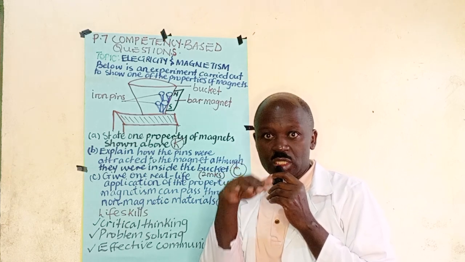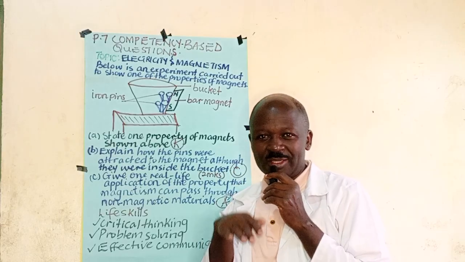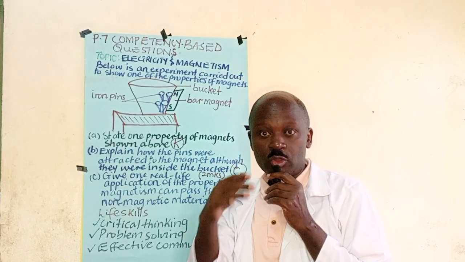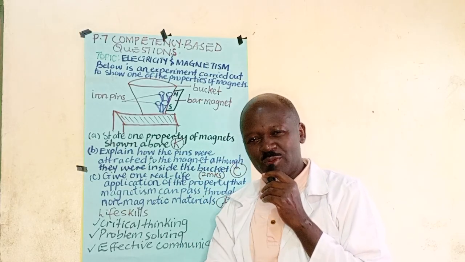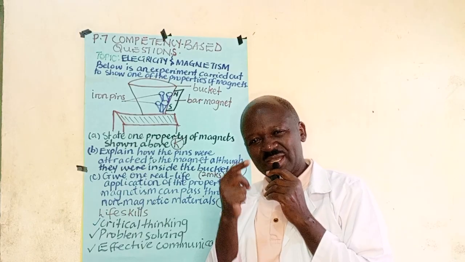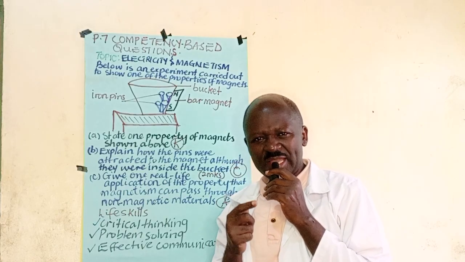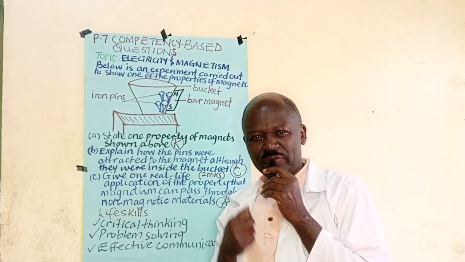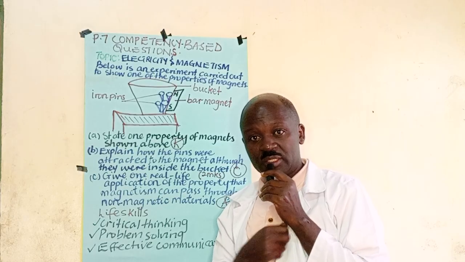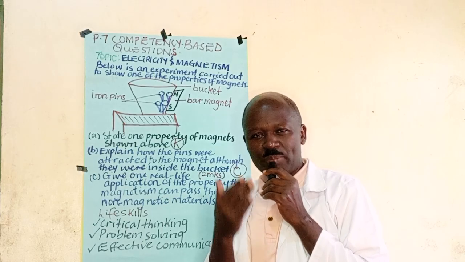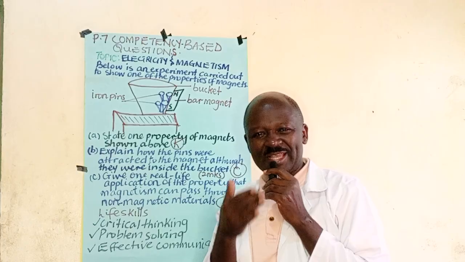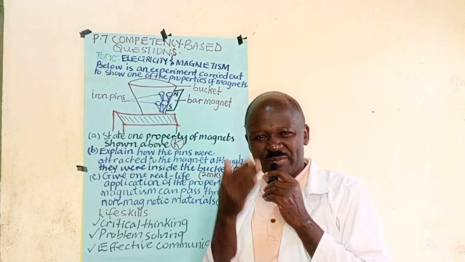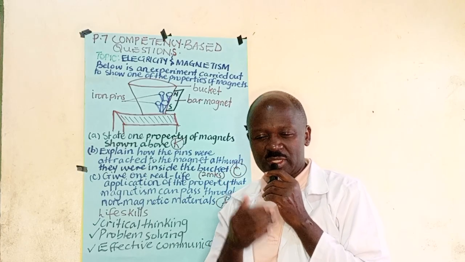And what you are doing, you will be developing critical thinking, you will be developing effective communication, because they are giving you answers. How does effective communication come in? Like the way I'm doing now, public speaking. When learners are speaking their answers, their mind, their views, they are communicating.